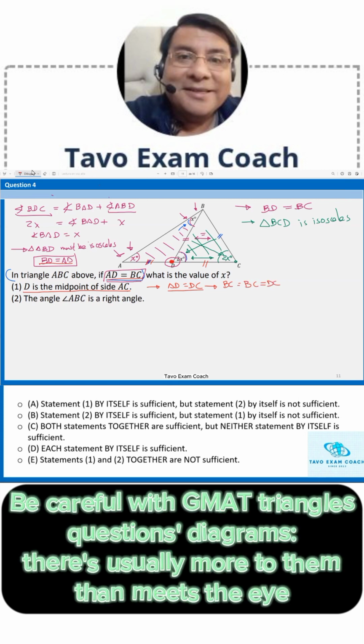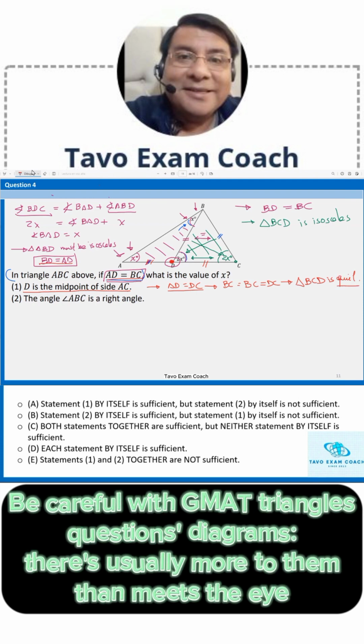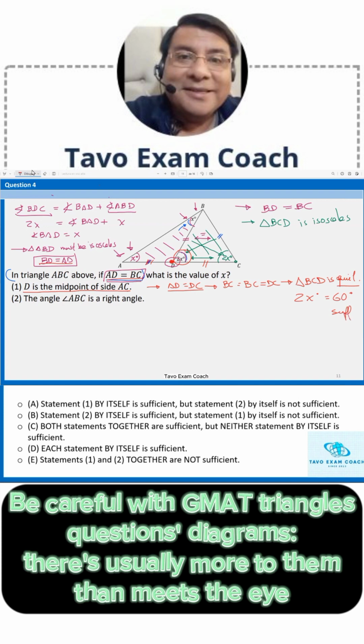If on this triangle BCD the three sides are the same, then the triangle is not only isosceles, it is equilateral. And if it is equilateral, then the common interior angle has a measure of 60 degrees. Statement 1, sufficient.